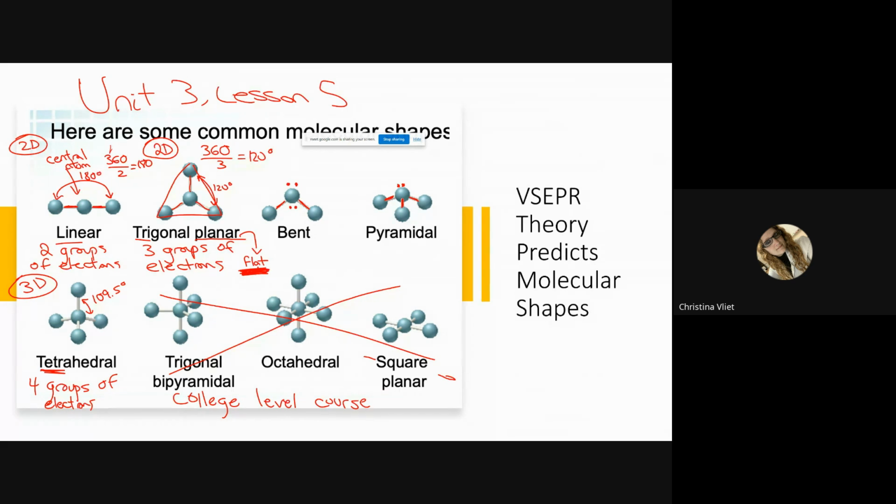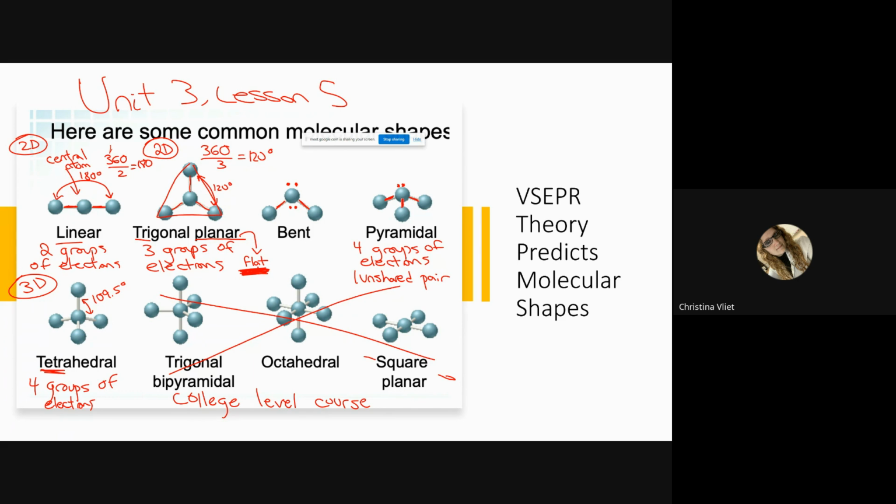So underneath pyramidal, go ahead and write that that is 4 groups of electrons. But you've got something new here. One of those groups is not an atom. One of those groups is an unshared pair. Shouldn't that change the shape of the molecule? It can't be tetrahedral. It doesn't have 4 atoms coming out of it.